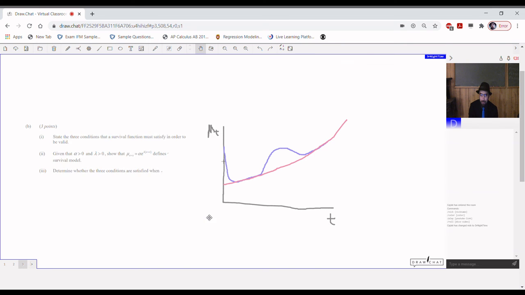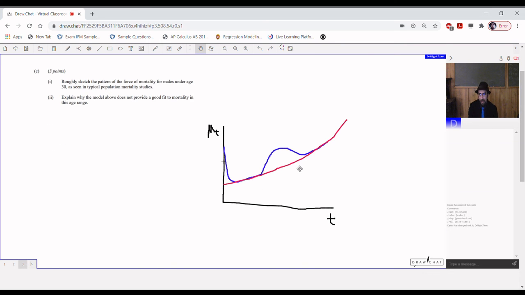So at absolute best, it would kind of be doing this, but it would skip the infant mortality and it would skip the recklessness bump. Given that the infant mortality occupies about 5 years and the recklessness bump occupies about 10 years, those combine for about 15 years. That's half of the time that they're interested in, which is 0 to 30.